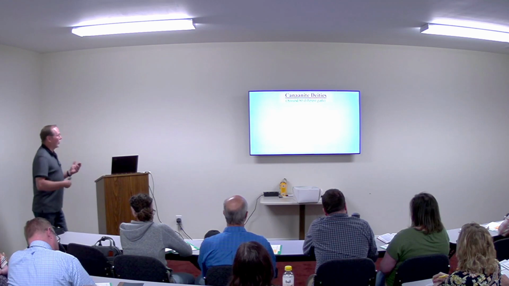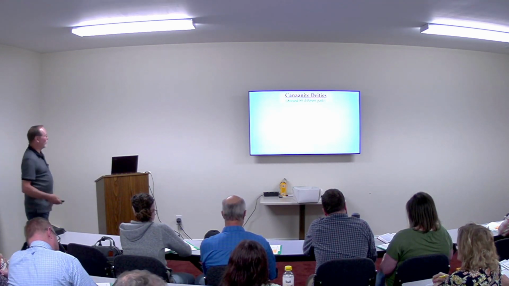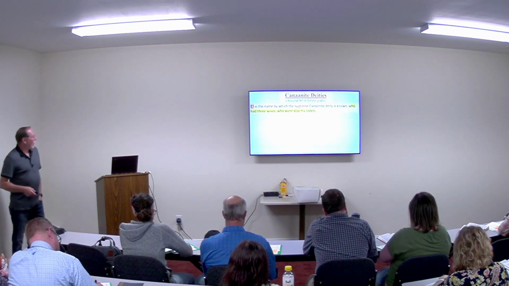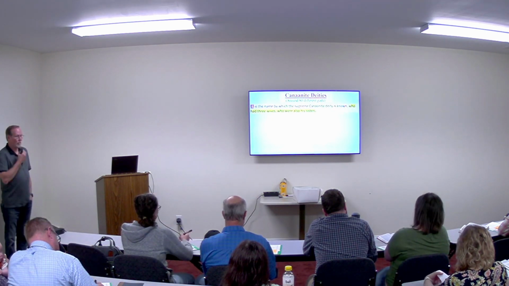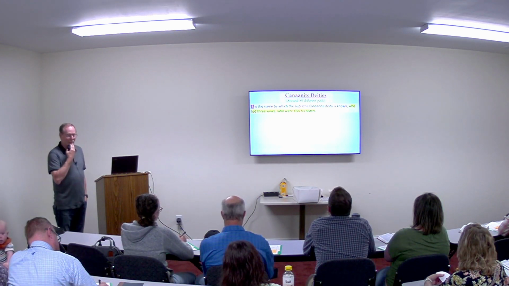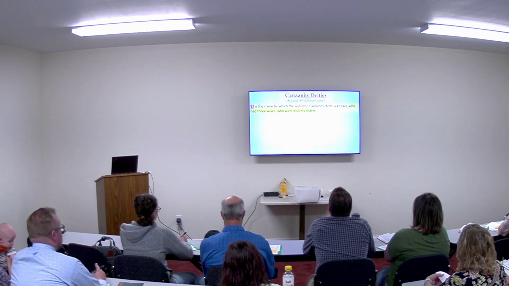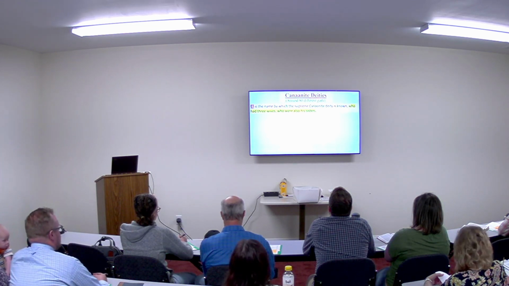Now, I did a little research on the Canaanite deities. John probably knows a lot more about this than I do. Does anybody want to read this? Baal is the name by which the supreme Canaanite deity is known, who had three wives who were also his sisters.